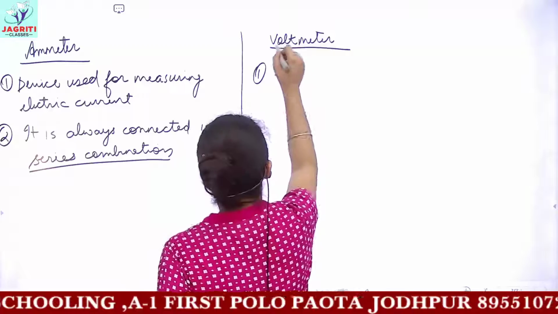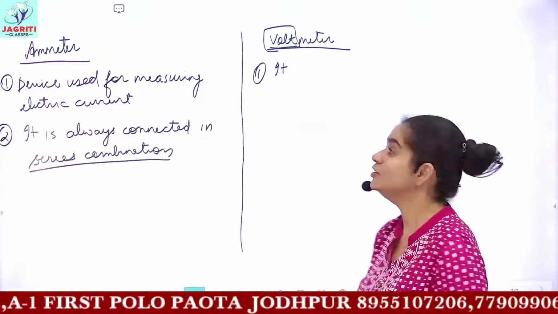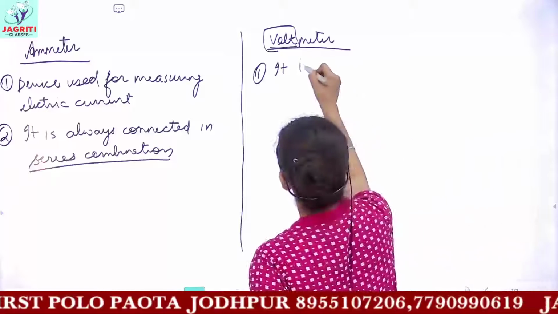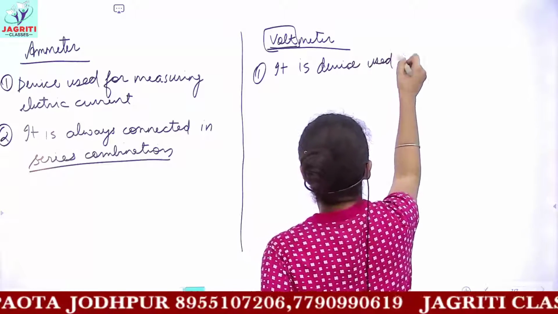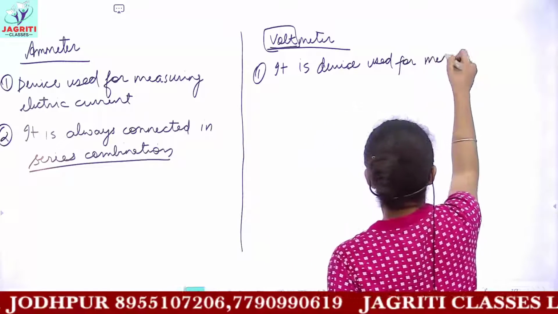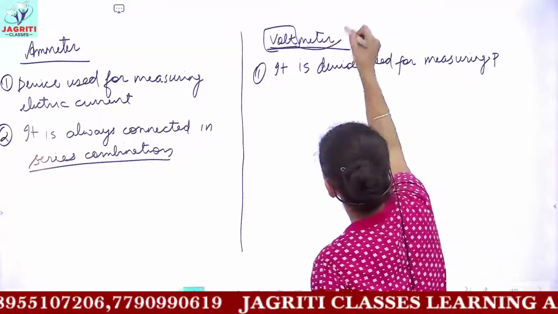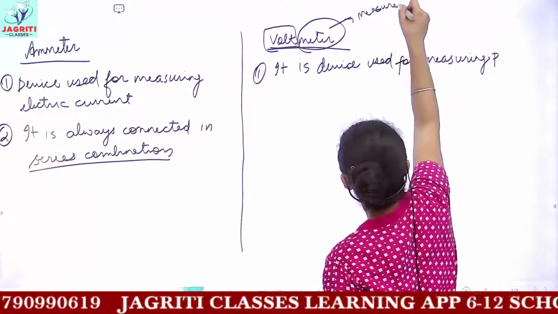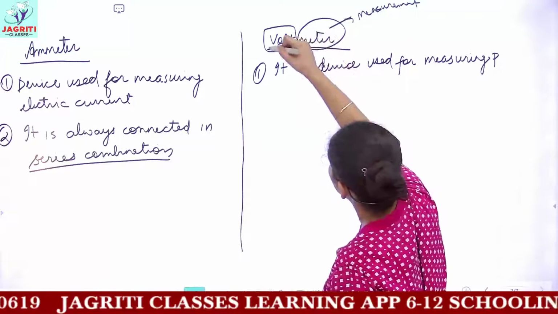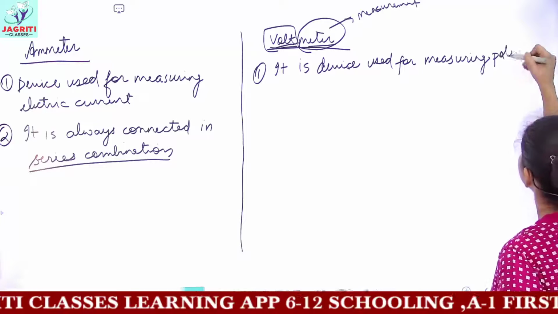Voltmeter, see, volt. Volt is the unit of what? Potential. So voltmeter, it is a device which is used for measuring potential. And meter means device used for measurement. So voltmeter means device which is used for measuring potential.